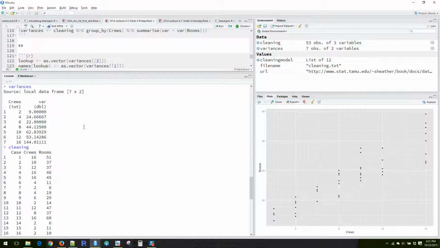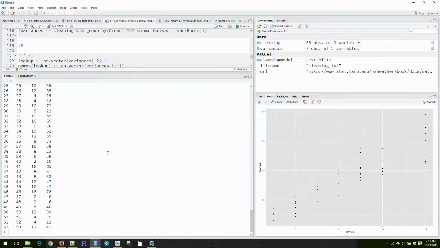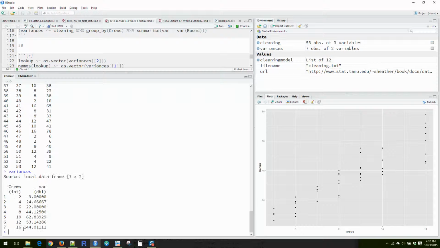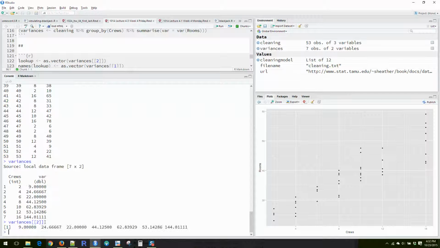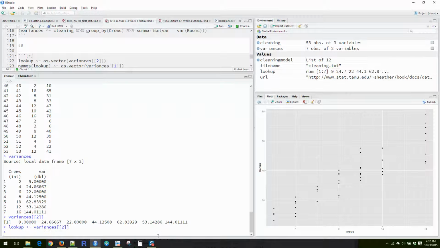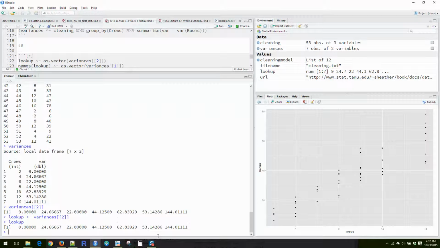I'm going to create a lookup table. I'm going to take my variances table, take the second column, which are these values, and call this lookup. So these are the lookup values that I want. Right now lookup is just these numbers, but I want to associate 9 with 2, and this one with 4.